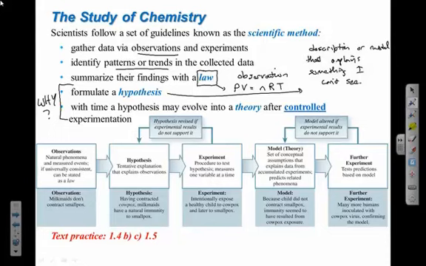So that's a hypothesis. If I want it to become a theory, I've got to experiment with that hypothesis and try to verify it. And I've got to do that in a controlled way. So what does it mean to have a controlled experiment? Yeah, that means you have a comparison.